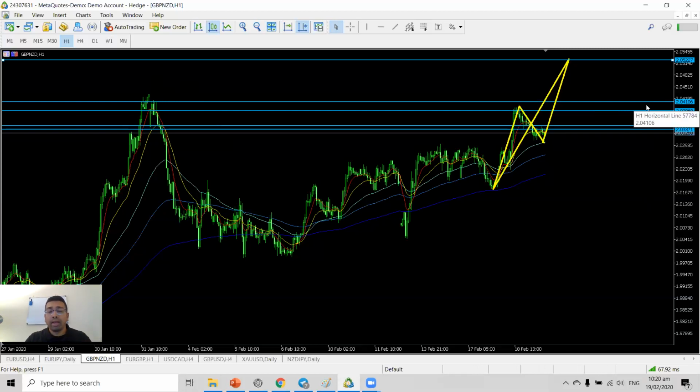Then you can buy, and aim for about 50 to 90 pips or so, but that's later on. For now, 30 pips first, pending order, and then you monitor the price, and then we can go further and make sure that we are riding a strong buy trend, or bullish trend.